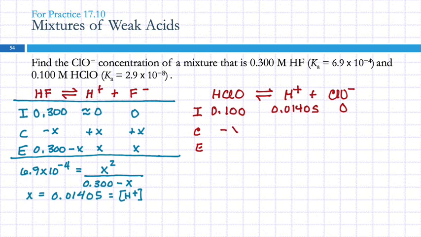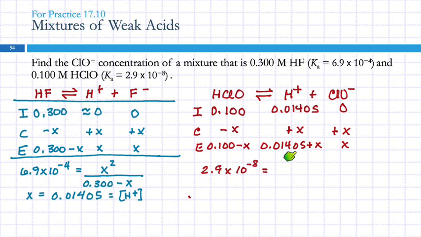Okay, so this is going to go down by x, up by x, and up by x. So 0.100 minus x, 0.01405 plus x, and x. So for this one, my equilibrium constant, my Ka, is 2.9 times 10 to the minus 8.